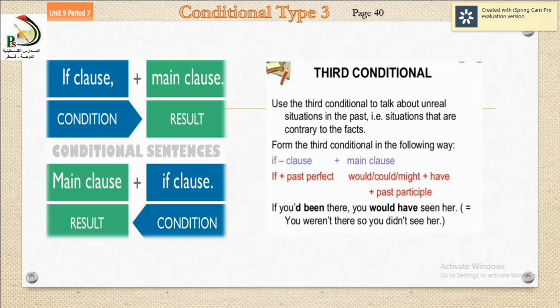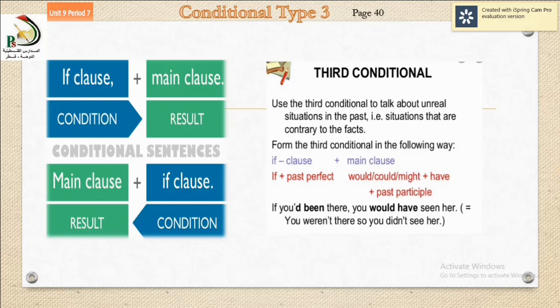We are just regretting and wishing, but not in the future. No, darlings. We are doing that in the past. So you will write in your notebook that third conditional talks about unreal situations in the past. Type 2 in the future, but type 3 in the past.